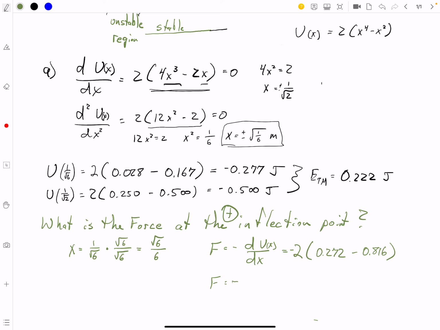So let's add those together. 2 times it. That's minus a minus 1.09 newtons. F equals 1.09 newtons.